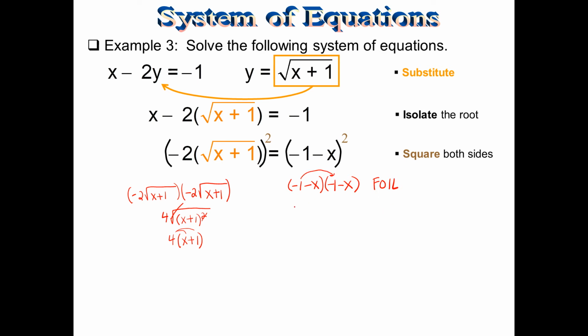So -1 times -1 is 1. -1 times -x is positive x. -x times -1 is positive x. And then -x times -x is positive x squared. So if you wanted to combine like terms and rearrange it, it's actually x squared plus 2x plus 1.